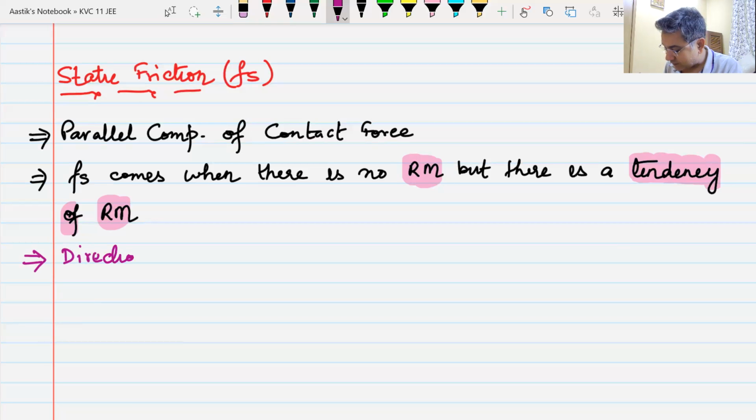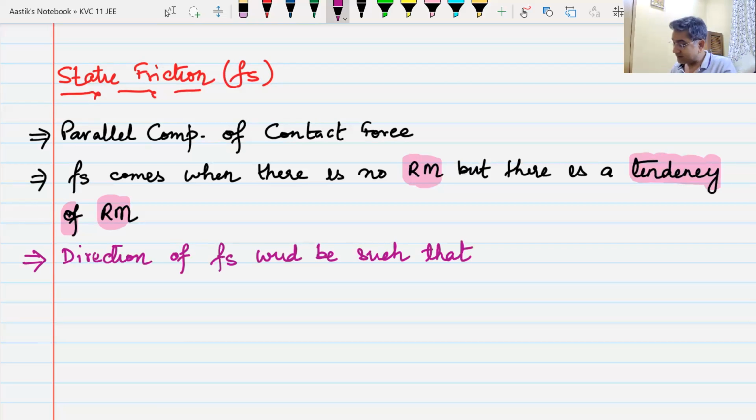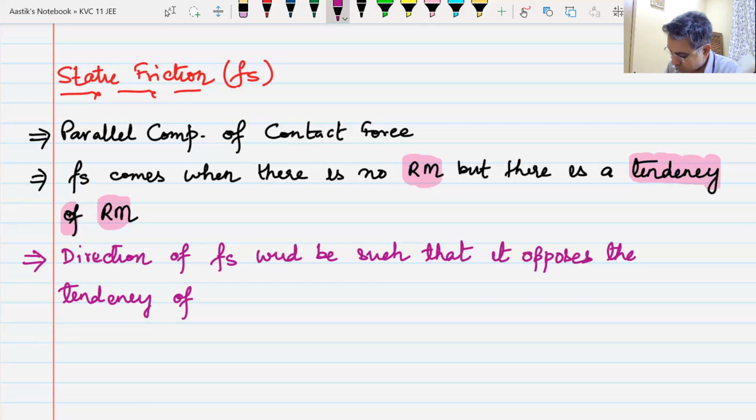The direction of static friction would be such that it opposes the tendency of relative motion.